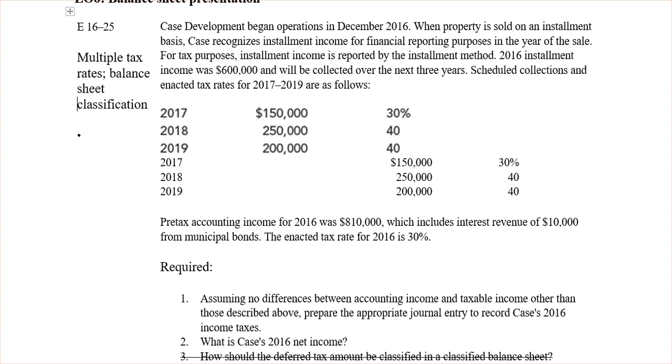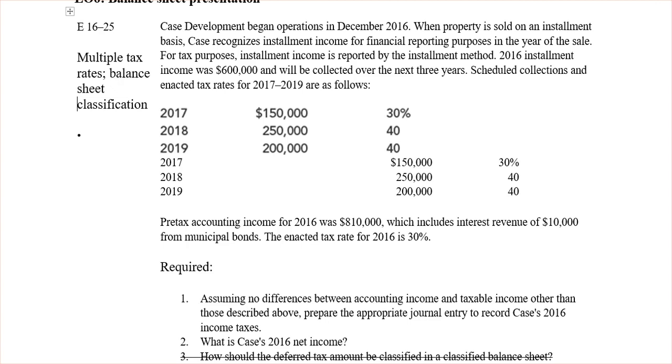So when you do this setup, which is a little different from what we've done in the other ones, you're going to start with your pre-tax of 810. You're going to subtract out 10 for that interest revenue from municipal bonds, and then you're also going to subtract out 600 for the timing differences, and then you're going to come down and you're going to have a taxable income number.